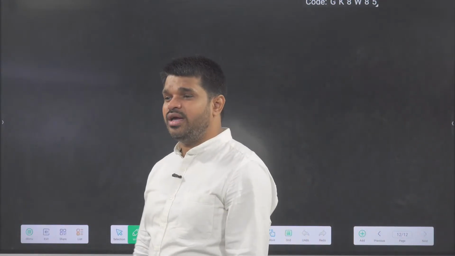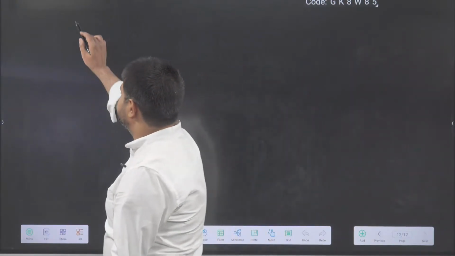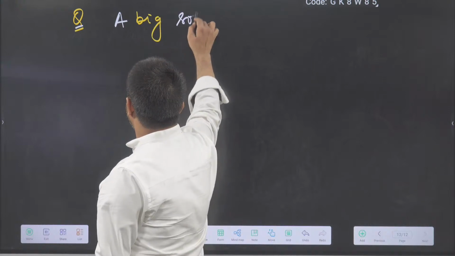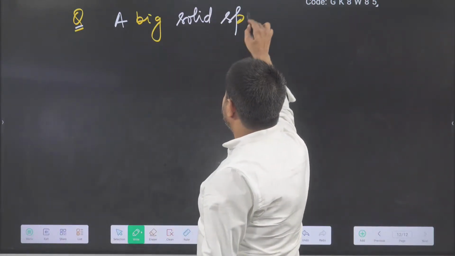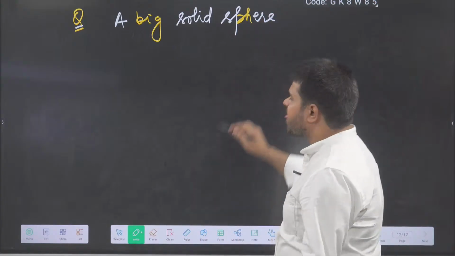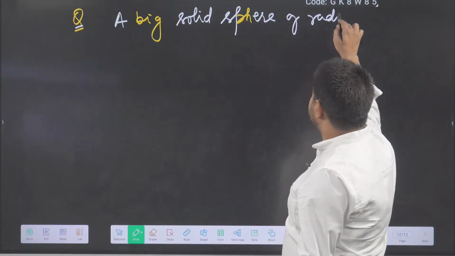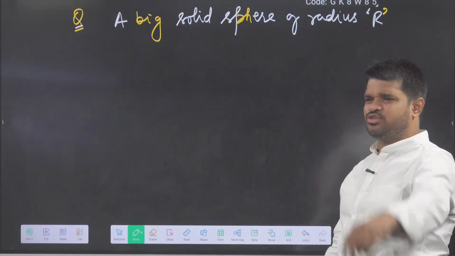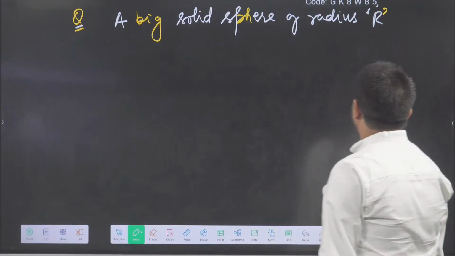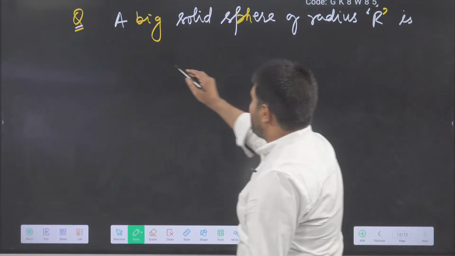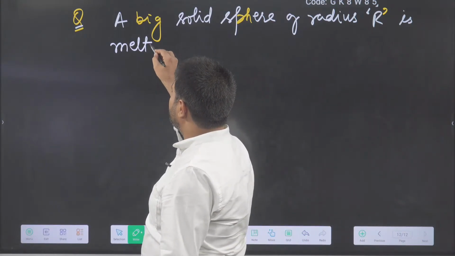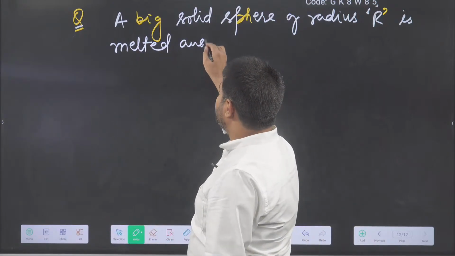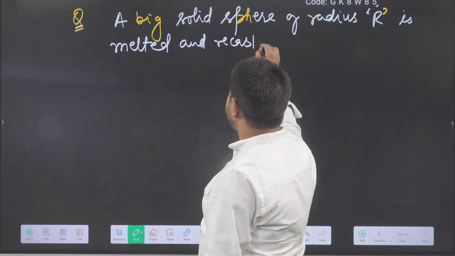Let's continue. Okay. Now question is like this. A big solid sphere of radius capital R. It is of metal. Let's assume metal. A sphere of radius capital R is melted, you know, heat it and melt it, melted and recasted.